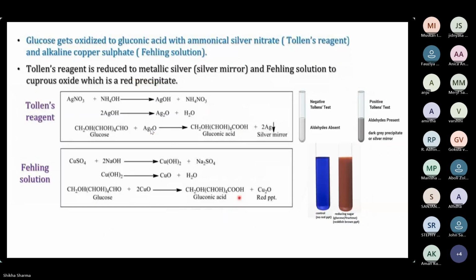Here we can see there are other tests, like the Tollens reagent test or the Fehling solution, also to determine the reducing sugar.